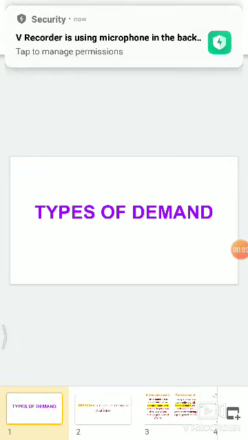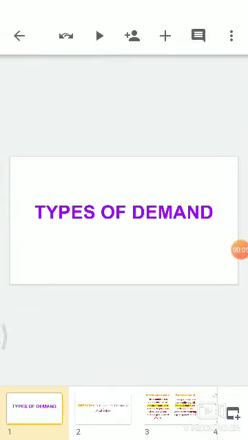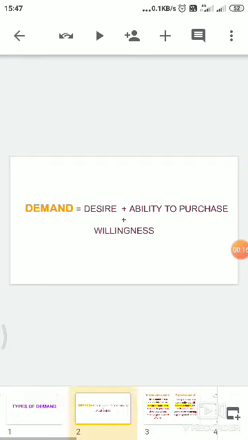Today, we will start with another topic, that is types of demand. Before we start with the types, let us first have a recap of what demand is. Demand is desire with the ability to purchase along with the willingness to buy a commodity.